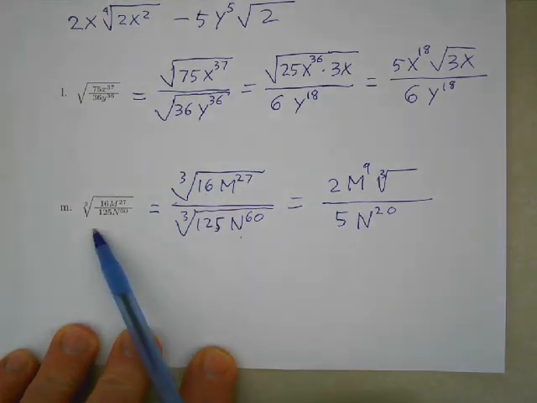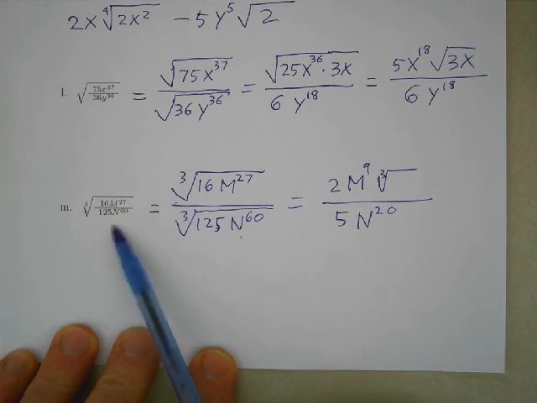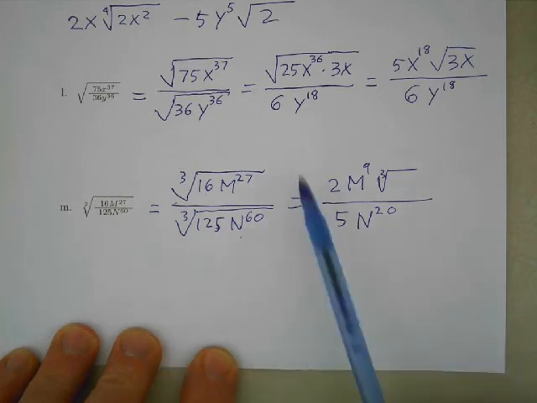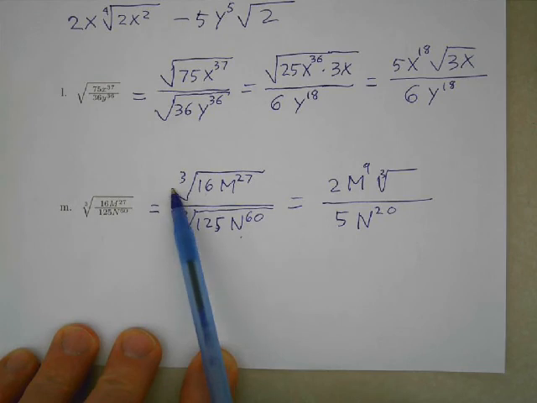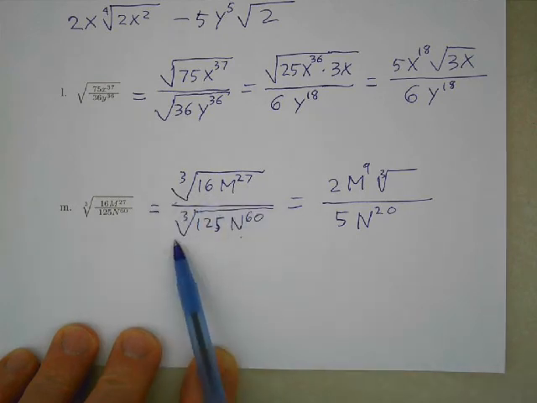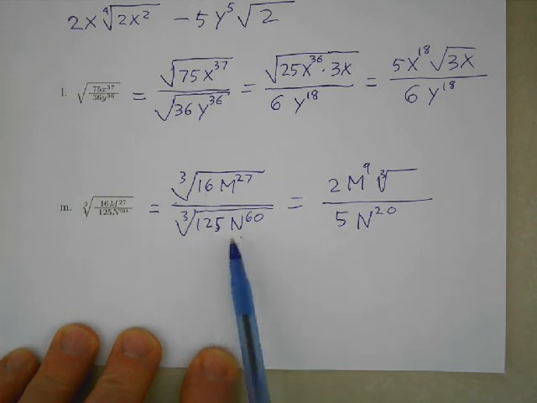When we started out with the cubed root of a quotient, we observed that the quotient, or the rational expression inside the cubed root, cannot be written in lower terms. So we applied the quotient property of radicals, and we wrote the cubed root of 16m to the 27th in the numerator, and the cubed root of 125 n to the 60th in the denominator.